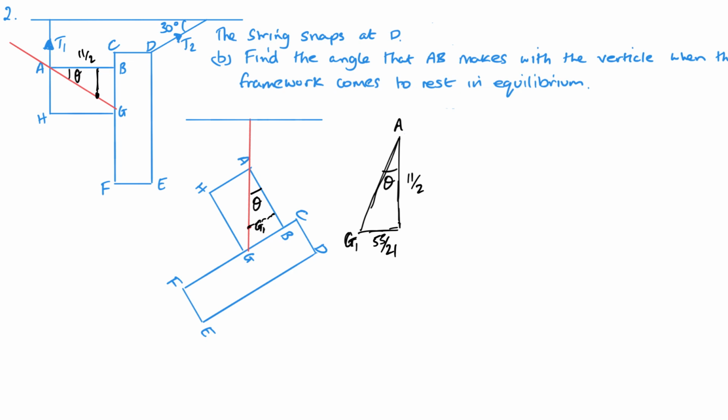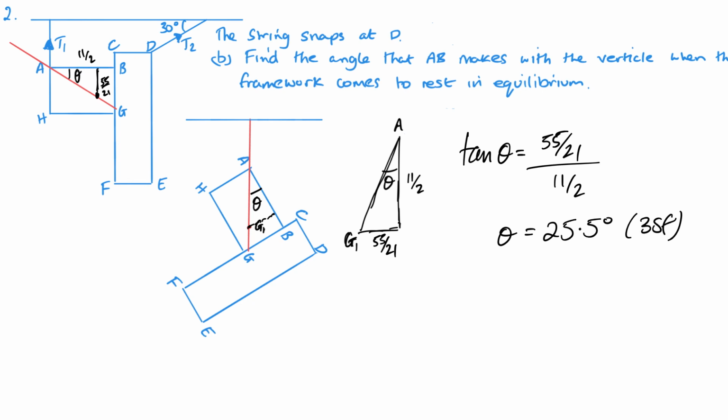I don't need the negative sign there because it's just a distance. So tan theta is opposite over adjacent, and that gives me 25.5 degrees to 3 significant figures.